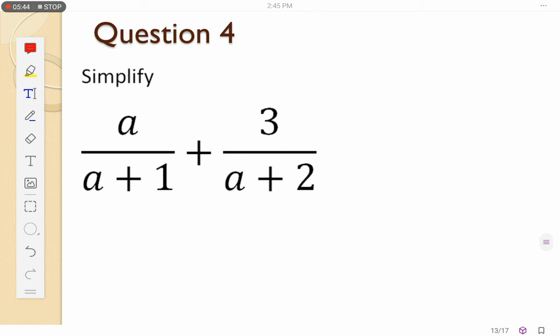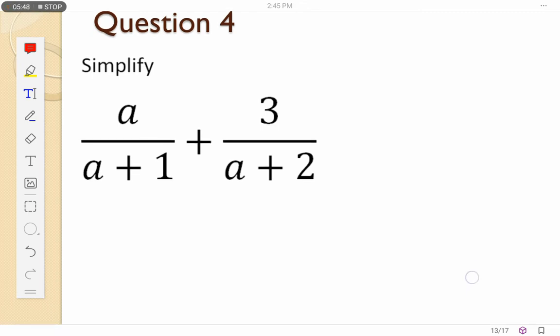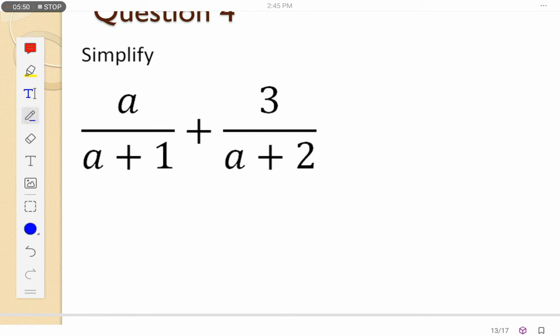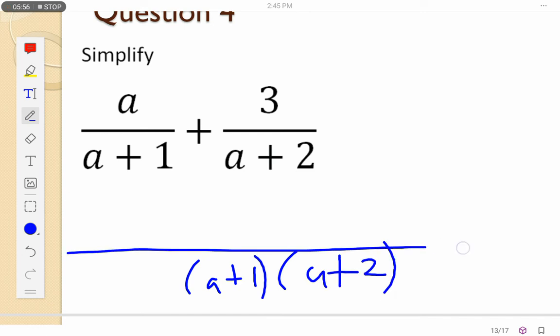Here I've got two different denominators. When we are adding such numbers, my denominator simply becomes the product of the two, a plus 1, a plus 2. Then when I do my multiplication, I'm going to multiply each item on the numerator by a plus 1, a plus 2.